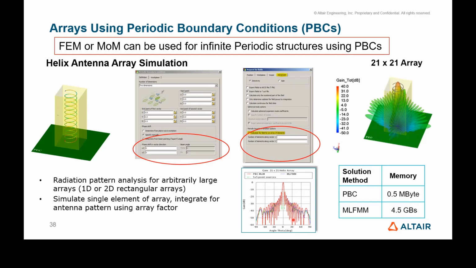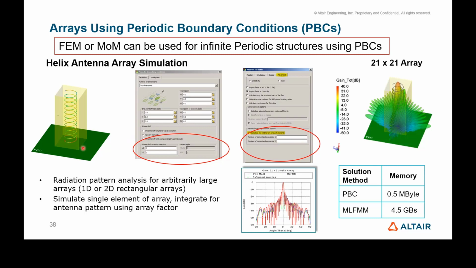Feko has the feature of periodic boundary conditions in both ways, I guess. You can use FEM for periodic boundary conditions, or you can use Method of Moments or the surface equivalence principle. Most of you, if you use any electromagnetic simulation tool, are probably familiar with the periodic boundary condition, where you define a unit cell and you can compute the infinite array characteristics, but also by specifying how many elements you would like to see in the radiation pattern.